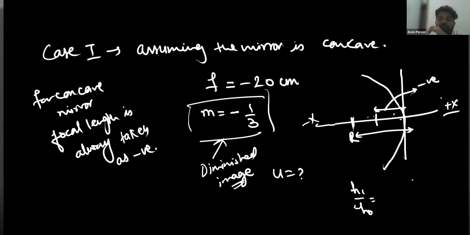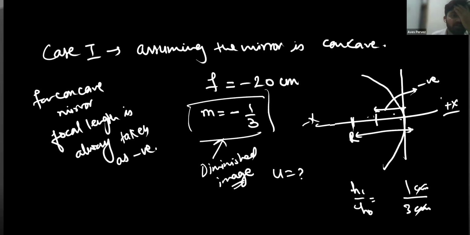If it says the image formed is 1/3 the size of the object, let's suppose the object is of 3x, then the image will be 1/3 of this, that is only x. When you divide, you get 1/3. If you consider the object is 3 centimeter, then the image is 1/3 of 3 centimeter, which is 1 centimeter. So it is indirectly given that the magnification is 1/3.